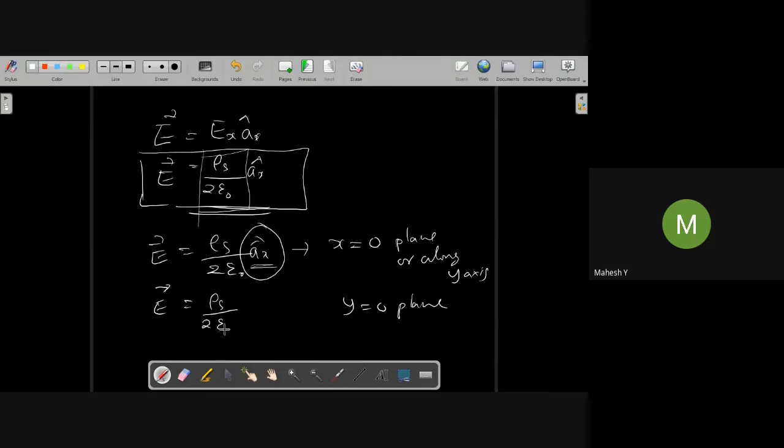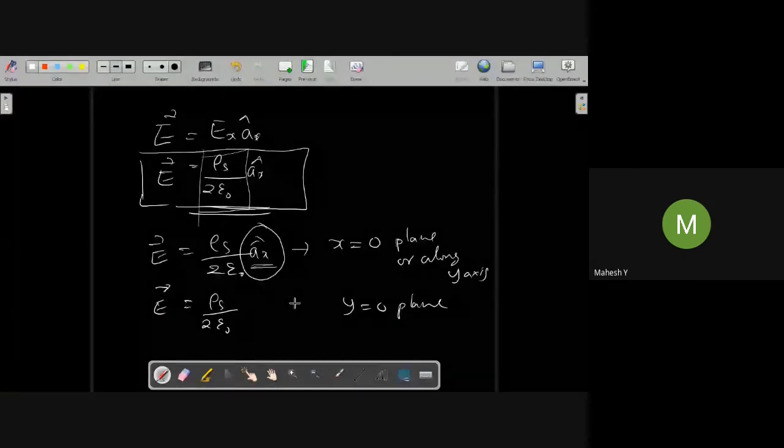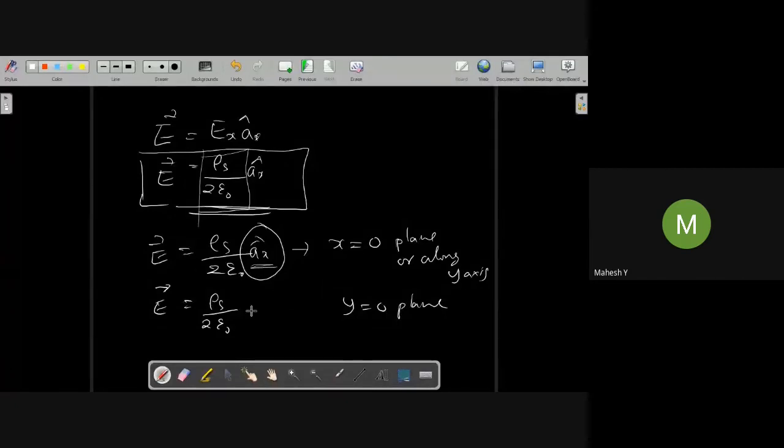Rho s by 2 epsilon 0. What will be the unit vector here? Can anybody tell me what is the unit vector along this direction? Which direction it will be? Yes, very good. ay cap.